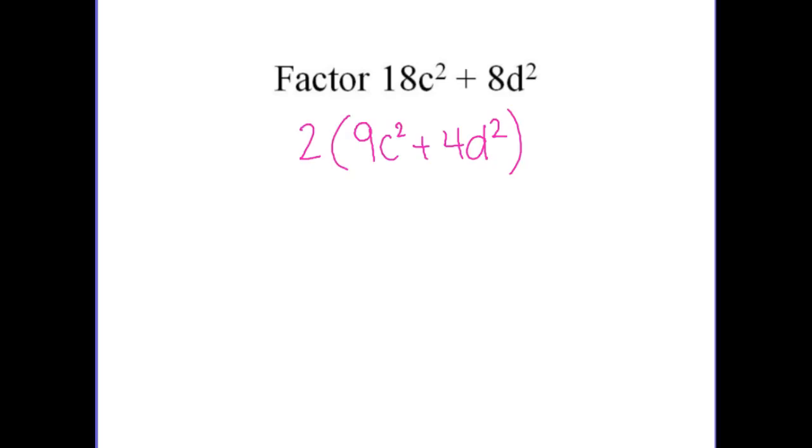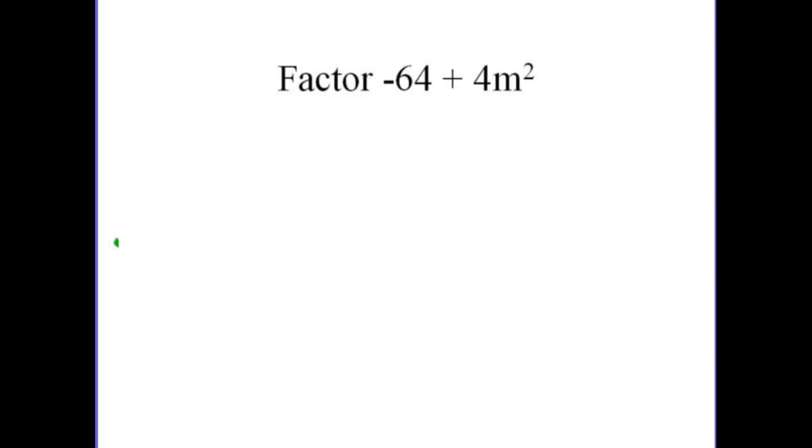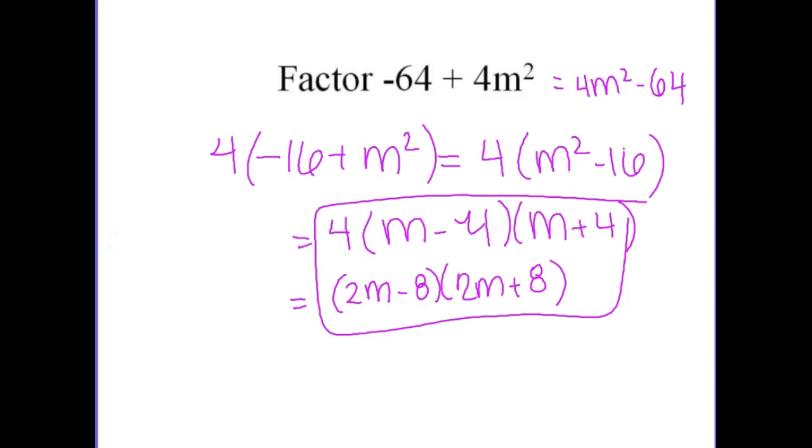So I left 9c squared plus 4d squared. And in number 5, you could take out a 4, which left behind a negative 16 plus m squared. And again, this is a special formula we'll hit on tomorrow.